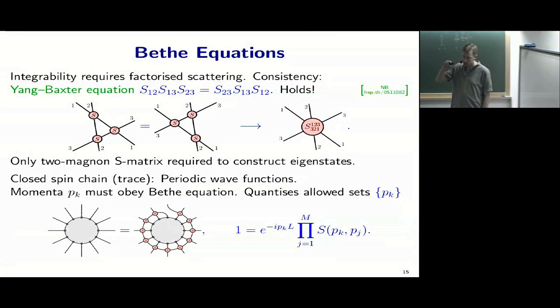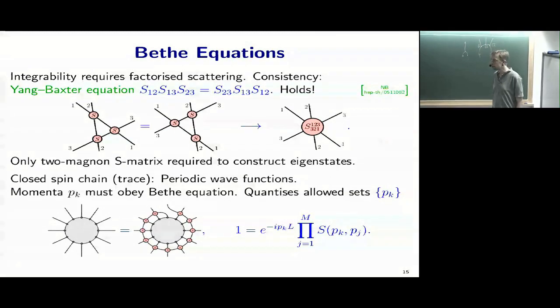And along the way, it meets all the other particles that live on the chain. For each meeting, there will be one scattering process, and you move it back to its original position. That should pick up an overall phase. And this overall phase for a consistent periodic state should be 1. So e to the i phase needs to be 1.